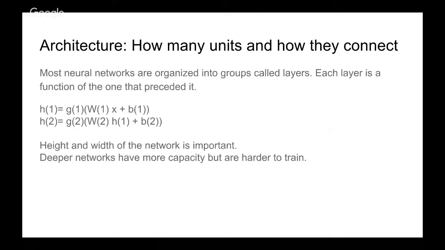Today we are going to start from the rest of the chapter, which starts with the architecture of the neural network. The way most neural networks are organized is generally into groups called layers, and each layer can be thought of as a function. Here, if you see H1 and H2, H1 is the first layer, and it takes a set of inputs X, and the parameters associated with it are W1 and B1.